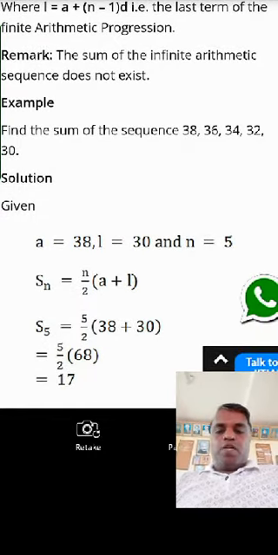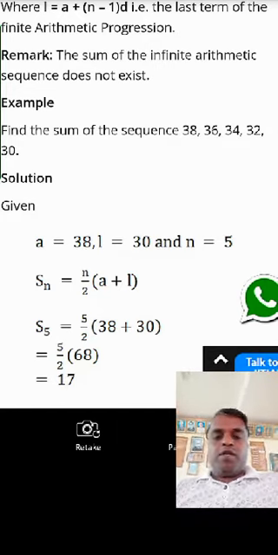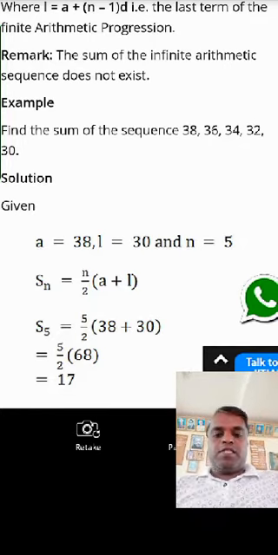Sn equal to n by 2 into a plus l. That is S5 equal to n, which is 5, by 2. a is how much? 38 plus l, the last term, which is 30. So 38 plus 30 is 68.